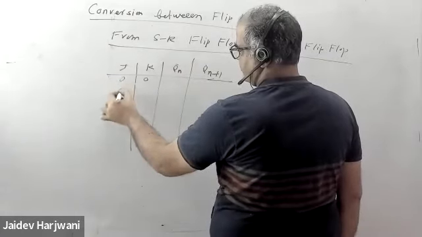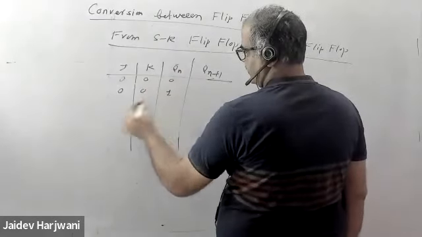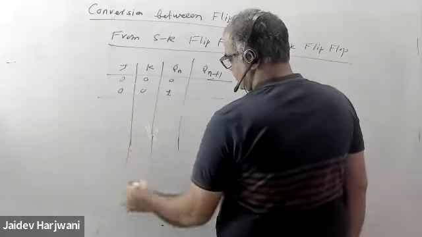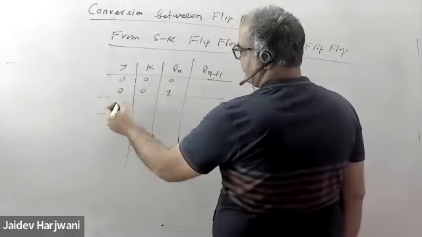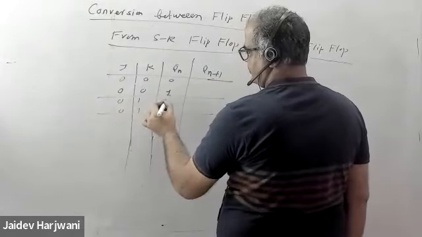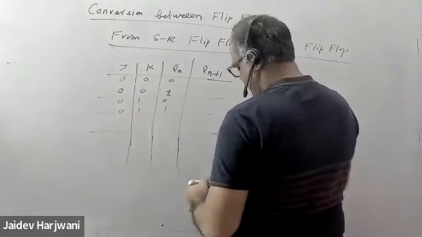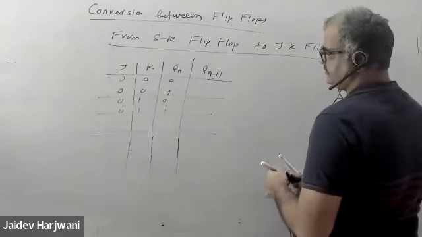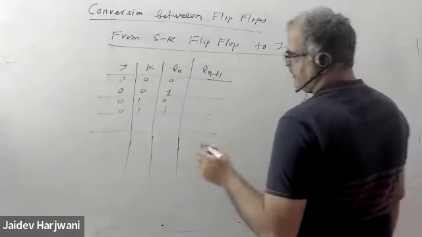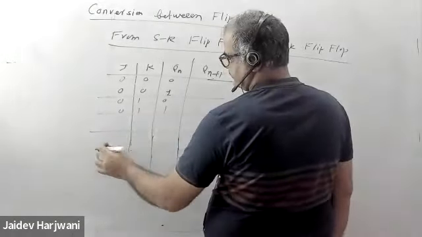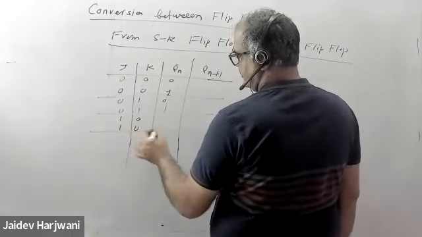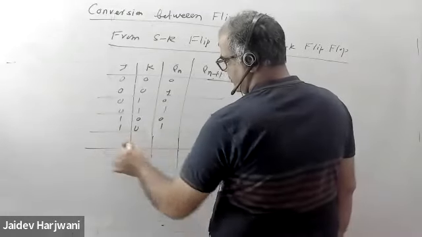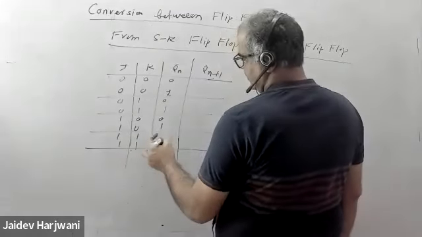A JK flip flop can have 0 0 depending on the inputs. These are the inputs of the JK flip flop: 1 0 1 0 1 0 1, then 0 0 1 0 1, then 1 0 1 0 0 1, then 1 1 1 1, then 0 1.